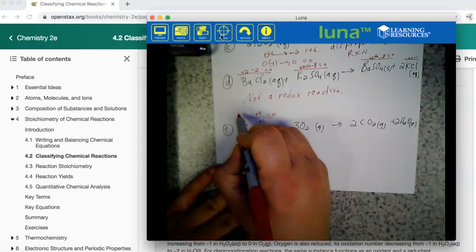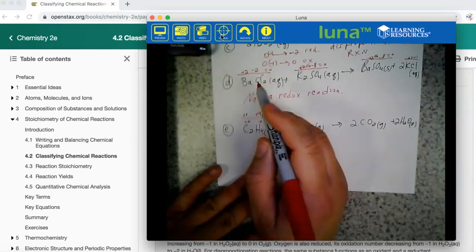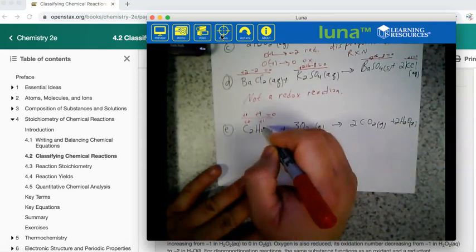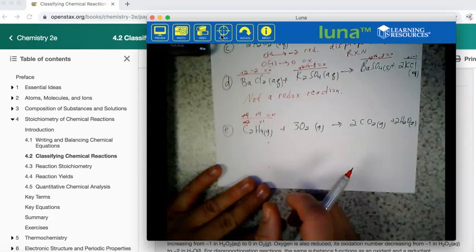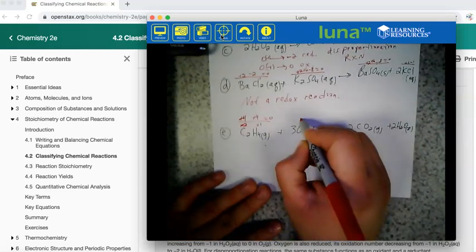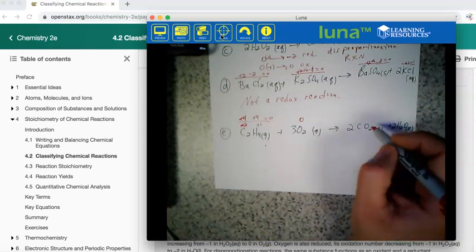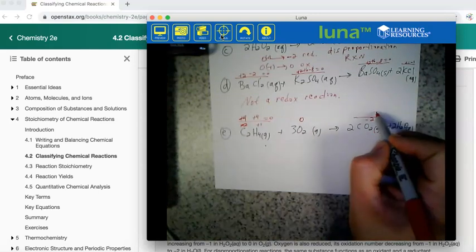So carbon is going to have to be -4 there. Here oxygen, we have it by itself, so it's 0. And then here oxygen is -2, and it has to add up to 0.